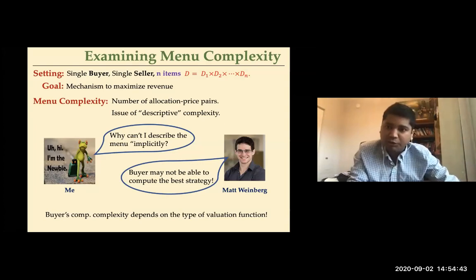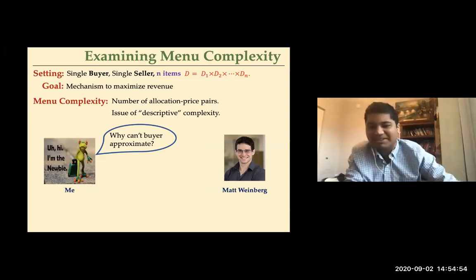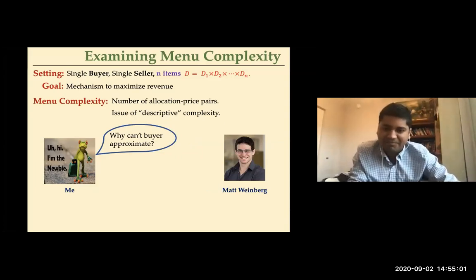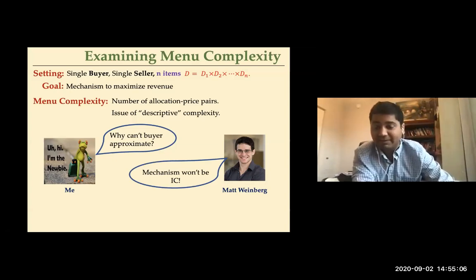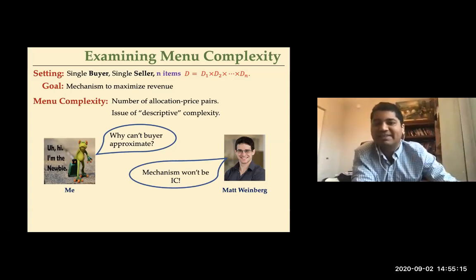Okay, so you say, let's say I still want to push this idea of trying to implicitly describe a menu in some short way. So one natural thing you might come up with is, well, we deal with approximations in our life all around. Why can't the buyer just approximate the best possible option? Why do they need to compute it exactly? As long as we are able to approximate it, we should probably be happy. Well, it turns out that the IC constraints I told you before, the incentive compatibility, unfortunately, I won't go into detail of this, but basically, if your approximation is not with a factor of 1, then the mechanism is not going to be incentive compatible.